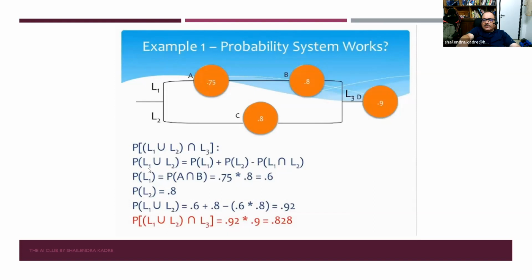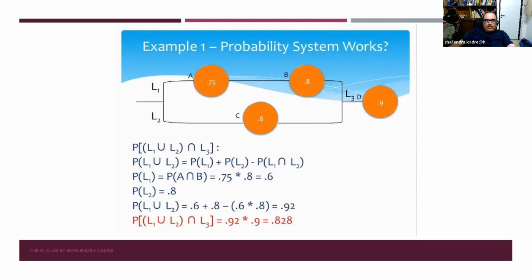First, L1 union L2. The formula is PL1 plus PL2 minus PL1 intersection L2. That's what we know, right? PL1 is P of A intersection B, so 0.75 into 0.8, because A and B are in series, which gives 0.6. PL2, L2 means part C, the probability is 0.8.